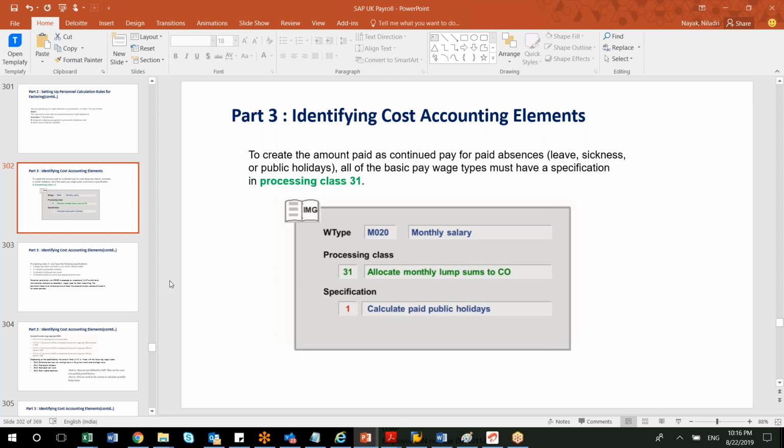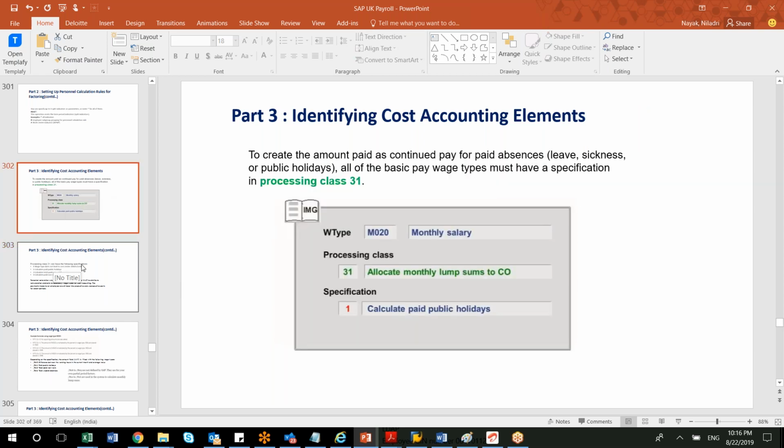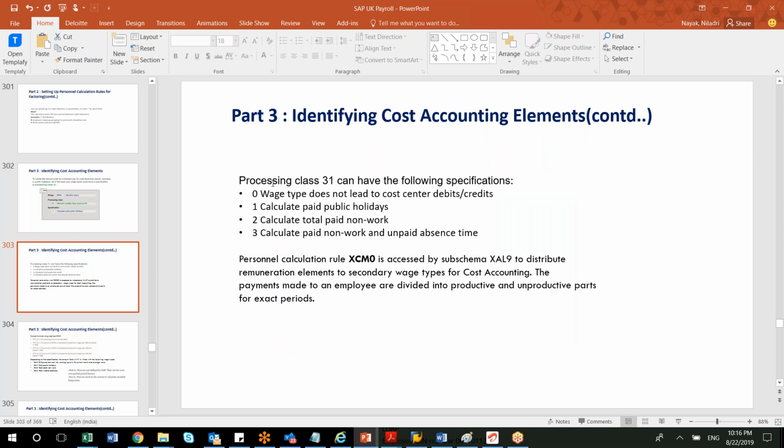So there can be multiple scenarios as well. This scenario is specific to processing class 31, which has four kinds of specification.